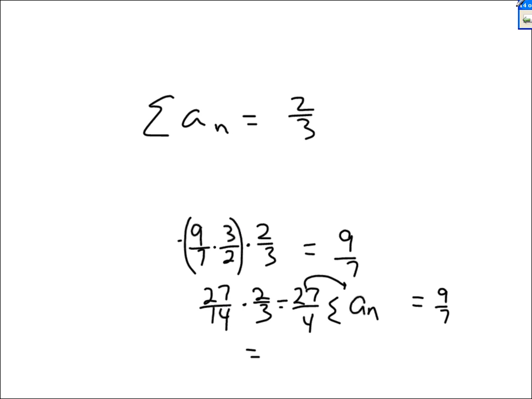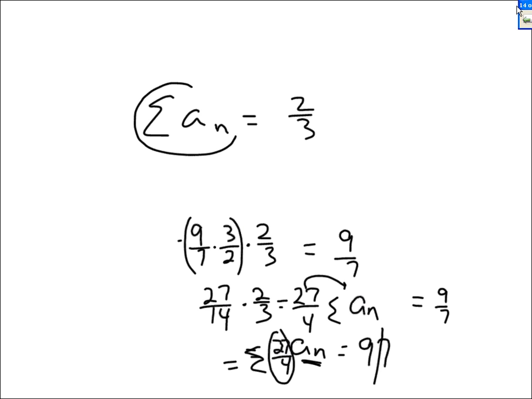If you take every term and multiply it by 27 over 14, and then add them up, you'll get 9 over 7. Just multiply every term in this sequence by 27 over 14, and when you add them up, you'll get 9 over 7. Of course, I'm assuming that if you add them up before you did anything, you get 2/3.